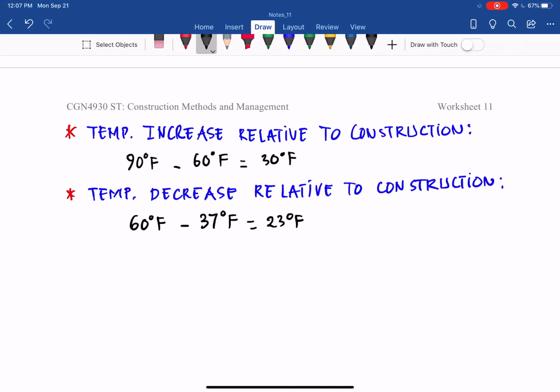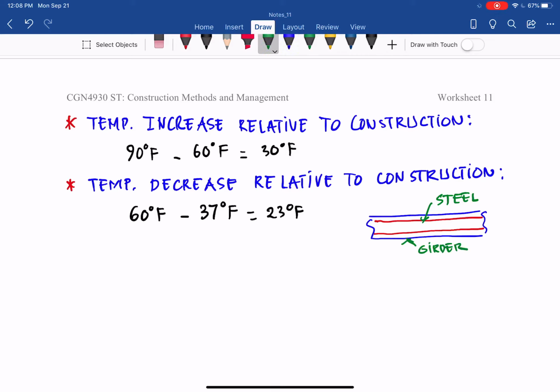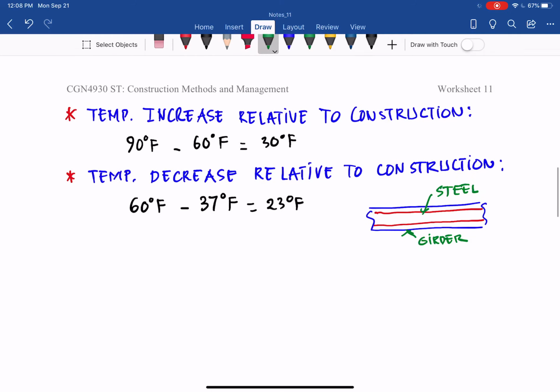But there are two materials, concrete and steel. Let me make a symbolic sketch here: that is the girder, and you have the rib steel, and of course the concrete girder.